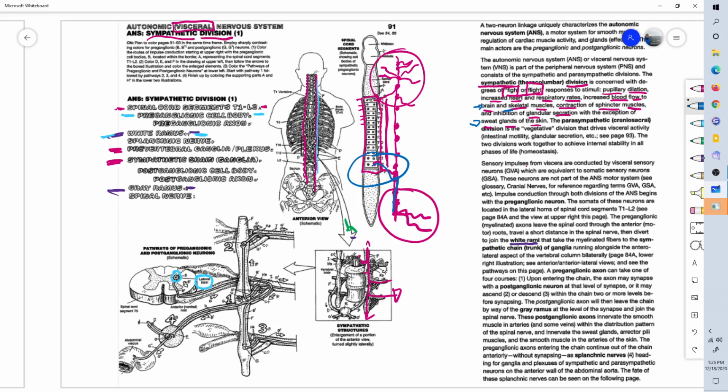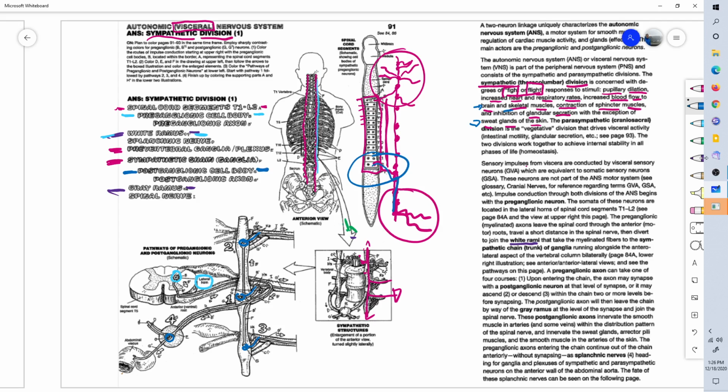Well, right here in the sympathetic trunk, or the sympathetic chain, the sympathetic ganglia. These are all postganglionic cell bodies.